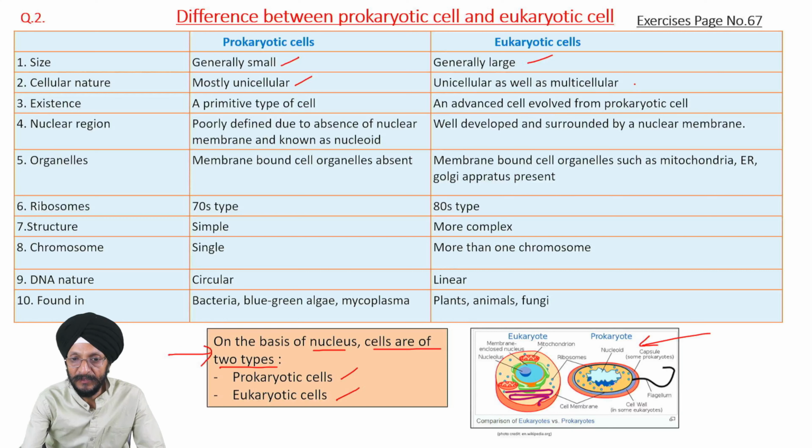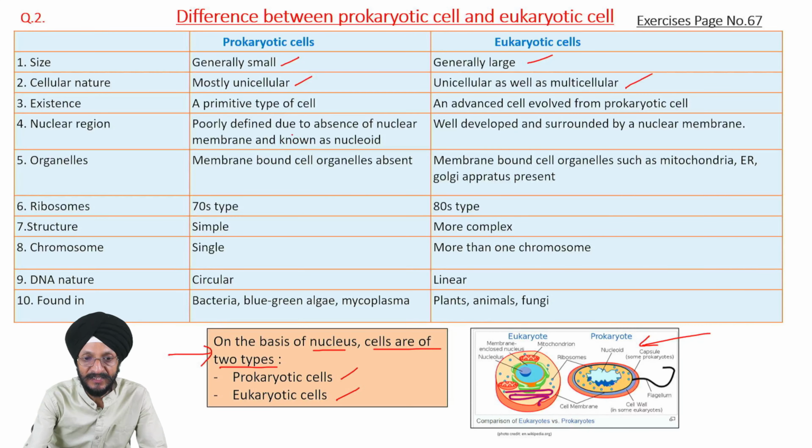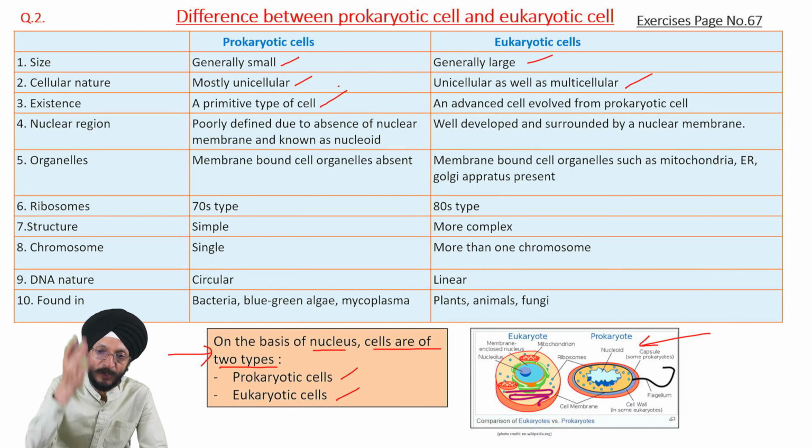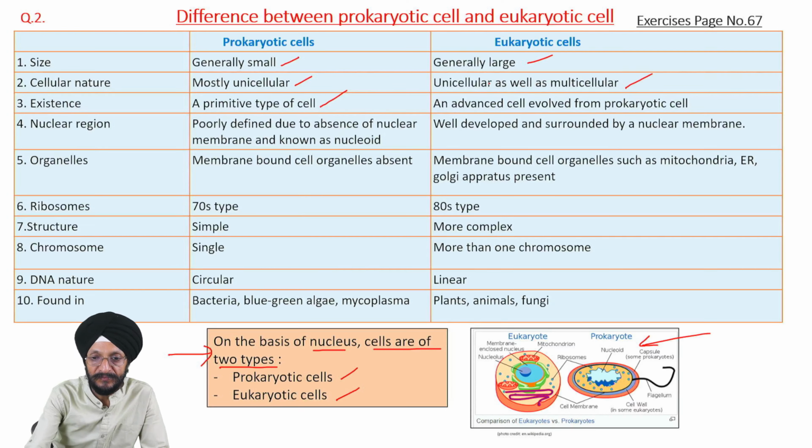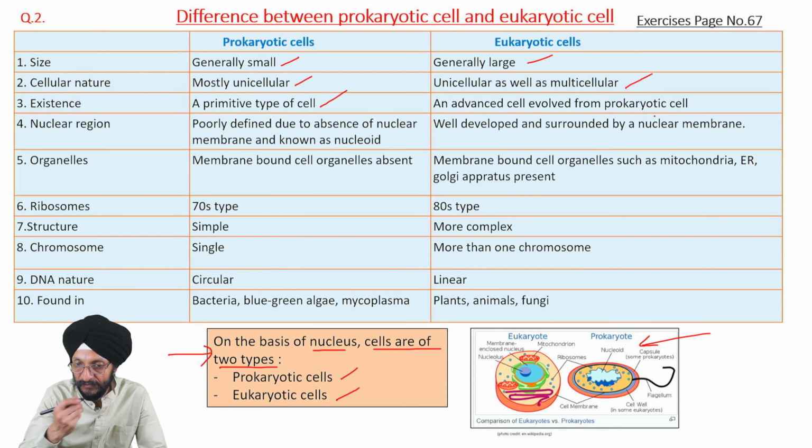Eukaryotic cells are unicellular as well as multicellular. Existence: prokaryotic cells are a primitive type of cell, that is, they existed very long ago and are still existing today. Eukaryotic cells are an advanced cell which have evolved from the prokaryotic cell.